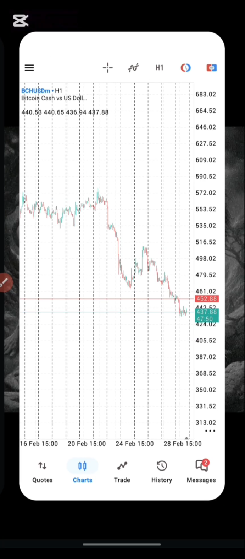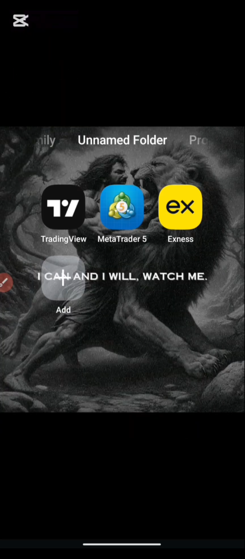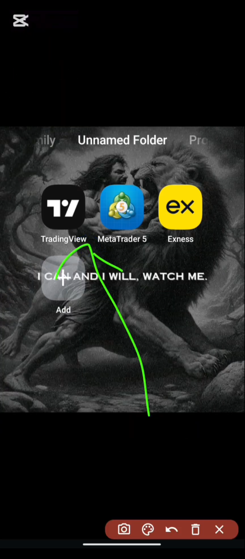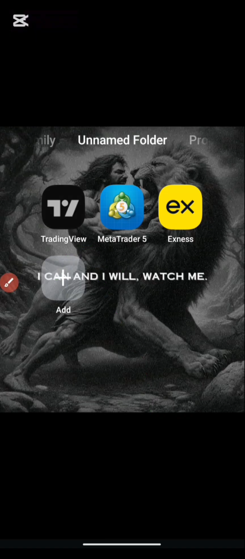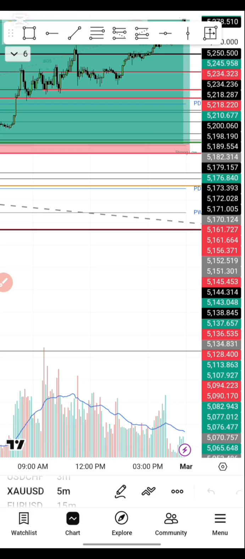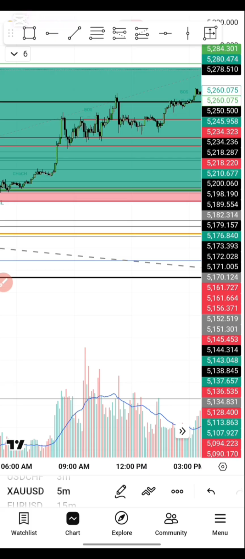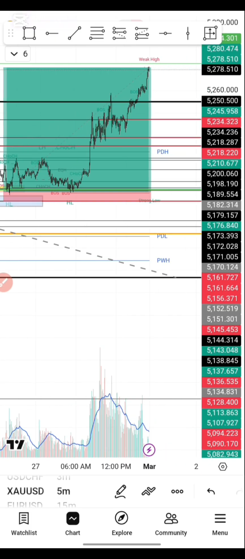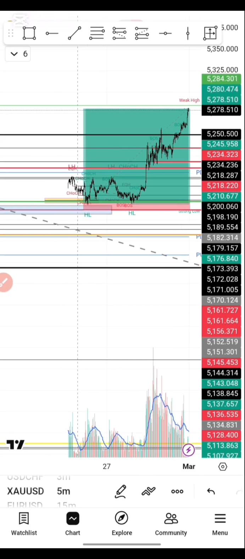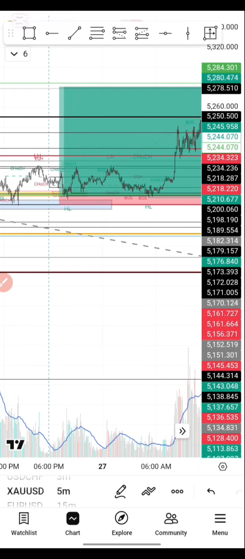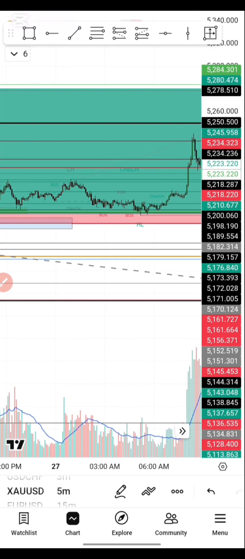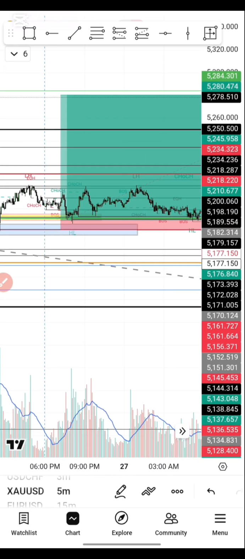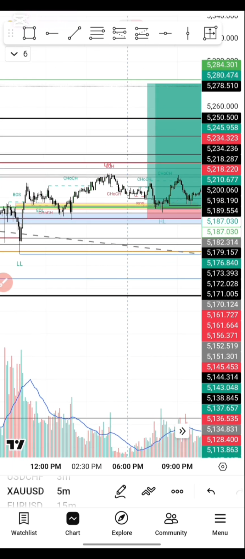So let's look at our TradingView, where we'll be doing our analysis. So this is our TradingView. This was some analysis I did. I took a trade. I think I took the trade around this level.